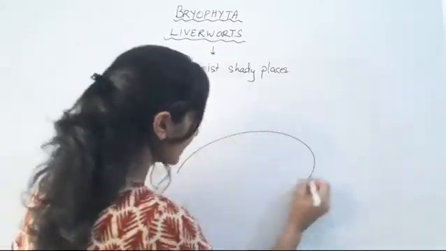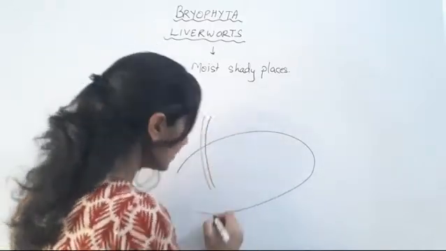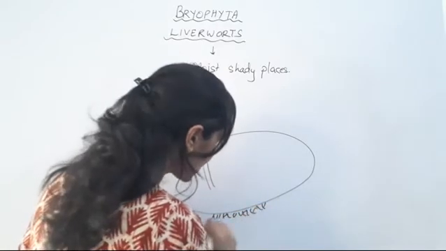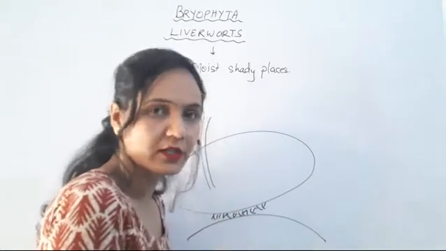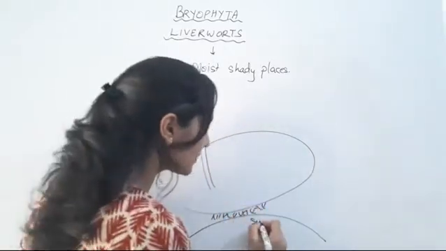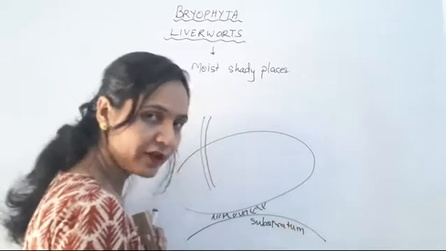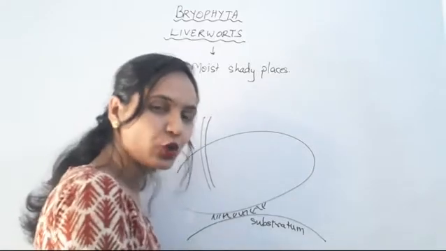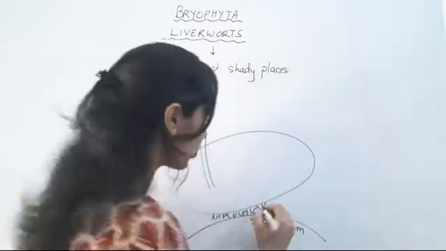One second. See, this is a thallus and this is a stalk-like structure, and these are small unicellular rhizoids which hold on to the substratum, or any surface. This is called substratum, which is the surface of any object, and the thalloid actually holds onto the substratum with the help of rhizoids.